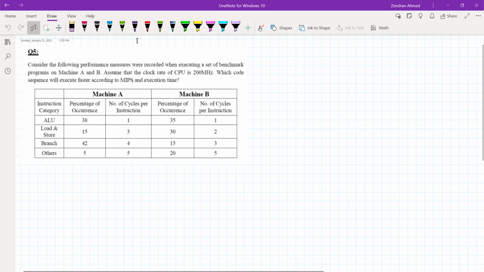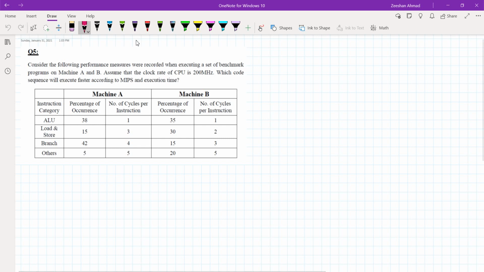First of all, let us find which code sequence will be faster. There are multiple ways to do it. Let us start here. In both cases, we are going to find an overall CPI, so first we need to find the overall CPI.